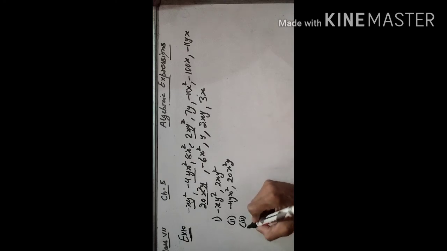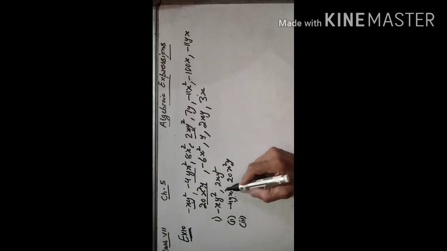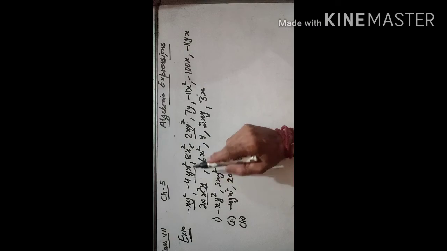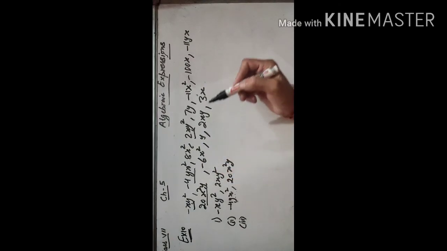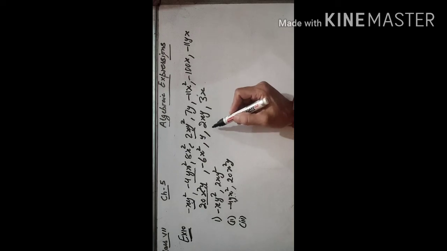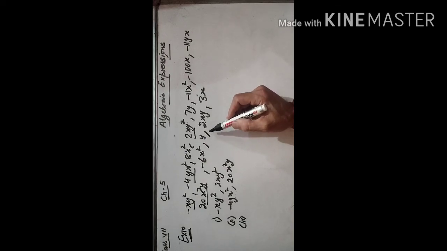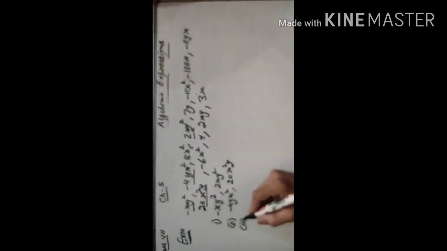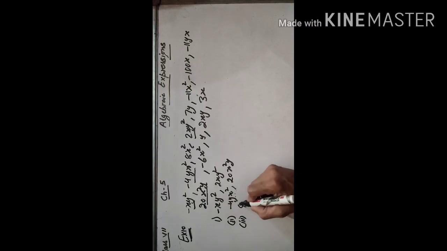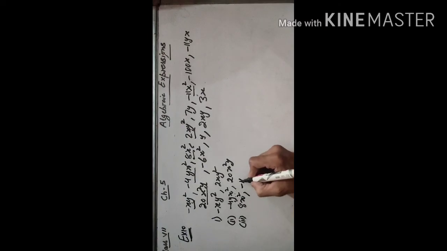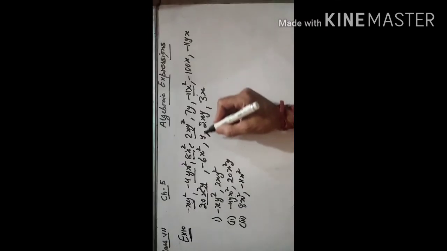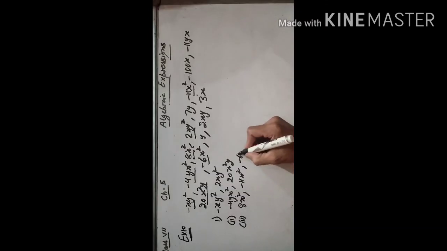Third set of like terms are minus 6x square y and yx square. Third is minus 8x square, minus 11x square, minus 6x square.